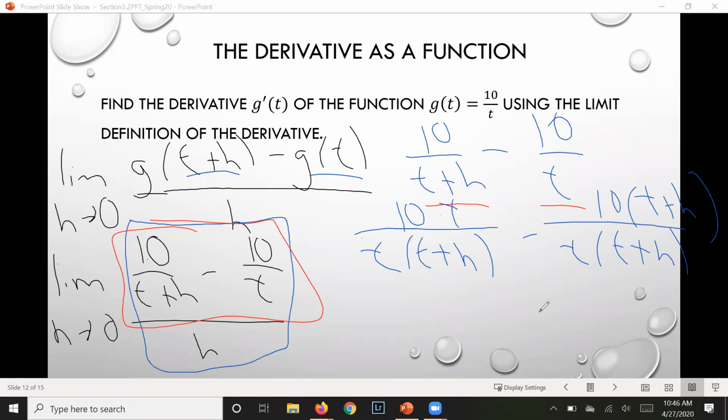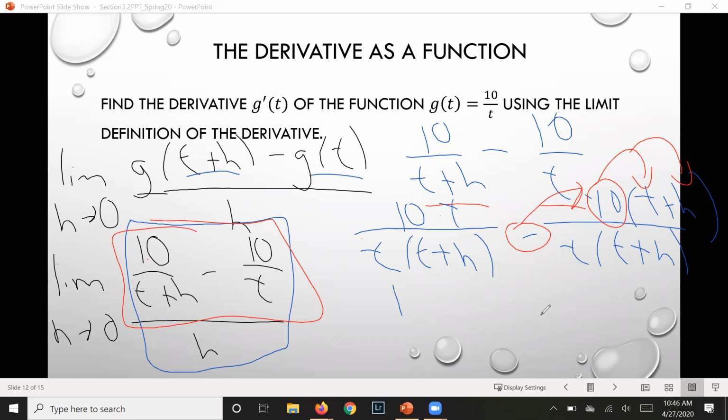And now that we have a common denominator, we can combine the numerators. When we do that, we're going to do a little simplifying. Up here, we'll distribute the 10, but also notice there's this negative sign out here, so that needs to go with the 10. So we're actually going to distribute a negative 10.